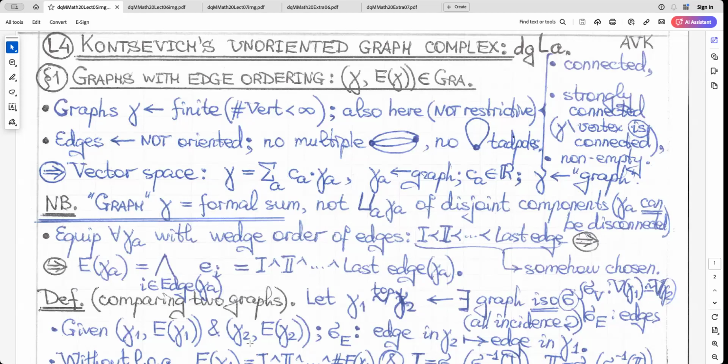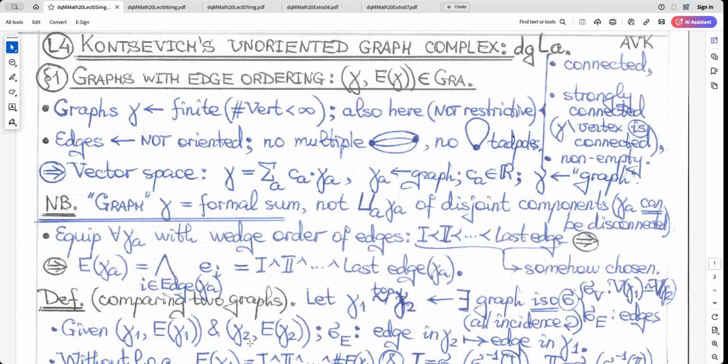So for every component of our formal sum, for every graph in usual understanding, we take an ordering of edges. Some edge is called first, some edge is called second, and so on. So somehow it is given for this specific graph. We consider not only the topological structure, the graph, but we postulate the wedge ordering.